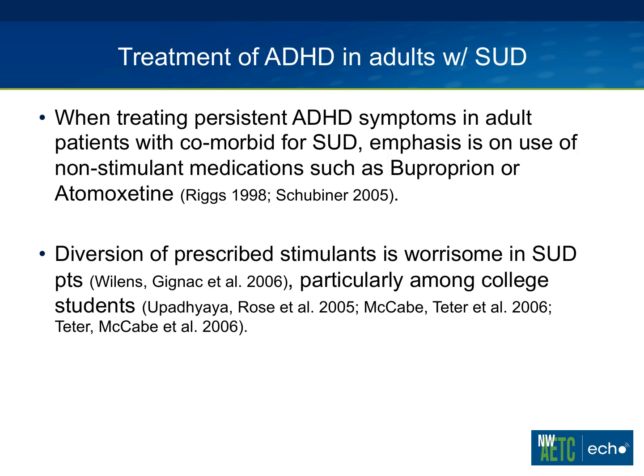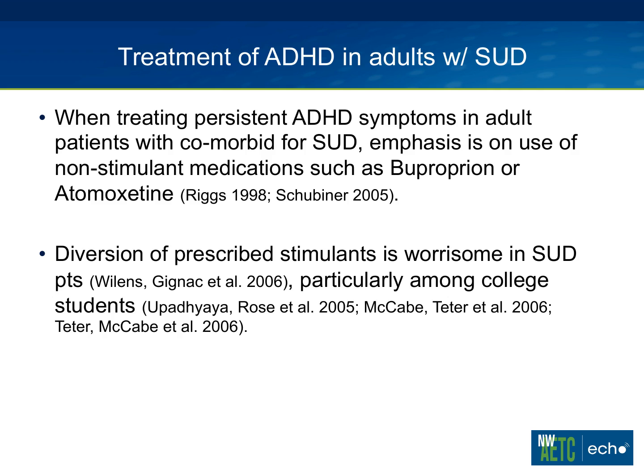When we do treat ADHD in adults with substance use disorders, we try not to, but if they have a real clear history of ADHD as a child, and if they are not using stimulants, and so they're actually in remission in terms of their substance use disorder, we try to use non-stimulant medication first, such as bupropion or atomoxetine.